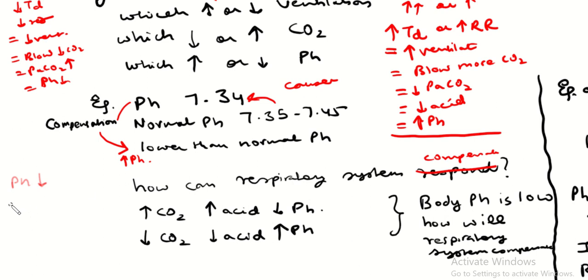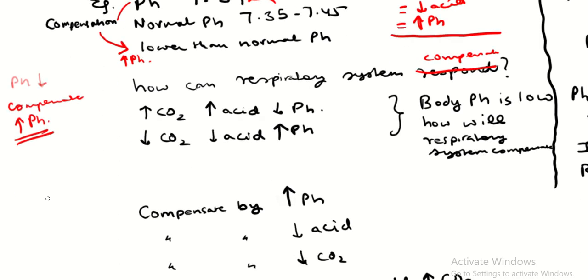So my compensator has to do what? Increase the pH. How do I increase the pH? Through my lungs. How would my respiratory side or my PaCO2 lead to increased pH?